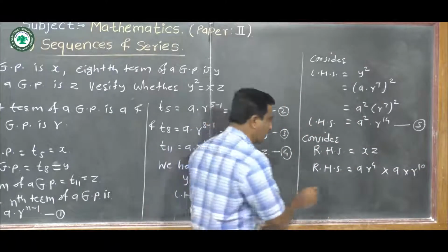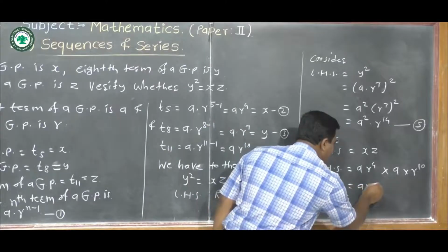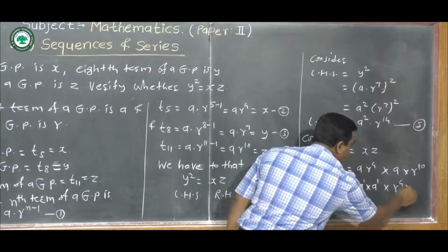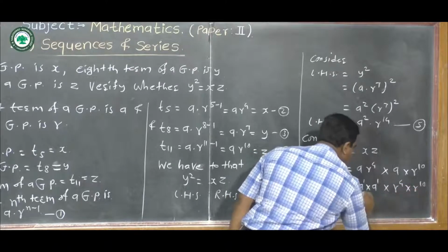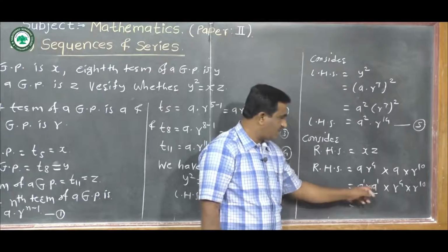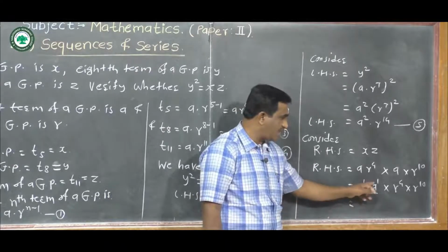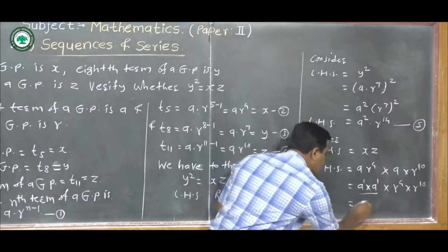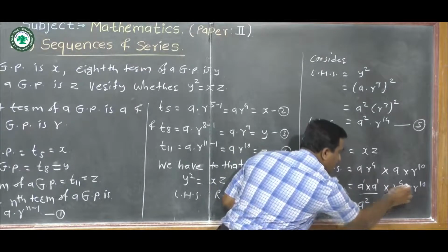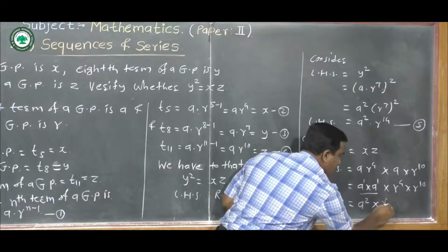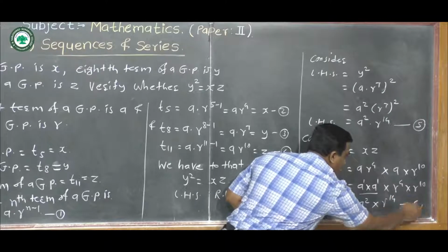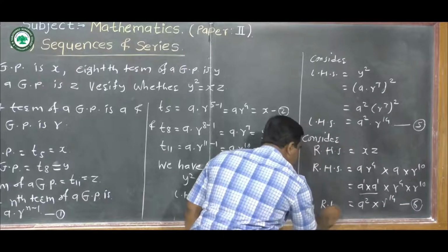That is, A raised to 1 into A raised to 1 into R raised to 4 into R raised to 10. Here the base is the same, therefore we add the indices, and we get A raised to 2 into R raised to 4 plus 10, which is 14. Say this is equation number 6.